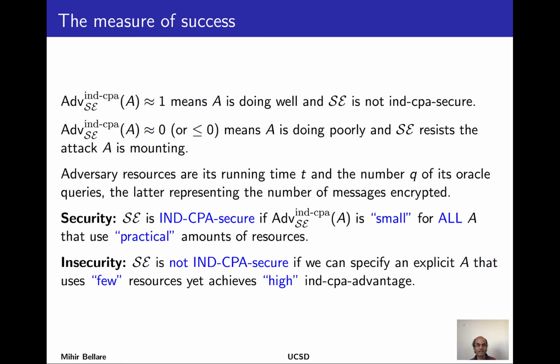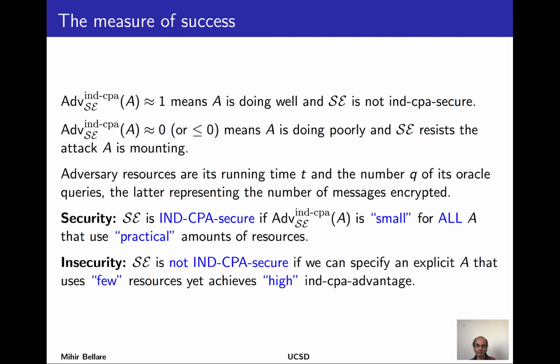Okay, now how do we interpret these advantages? There's some subjectivity there, but largely an advantage close to 1 means your adversary is doing well. It's violating the IND-CPA security of your scheme, and that means the scheme fails to be IND-CPA secure, at least as long as that adversary is practical. An advantage close to 0 means your adversary is doing poorly.